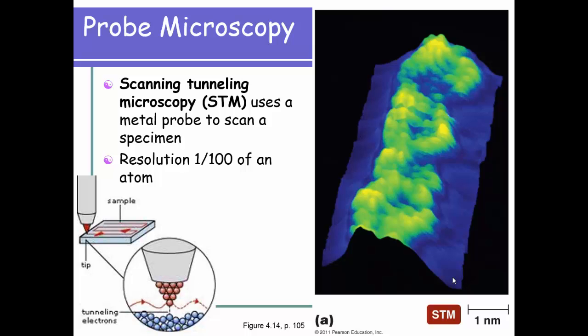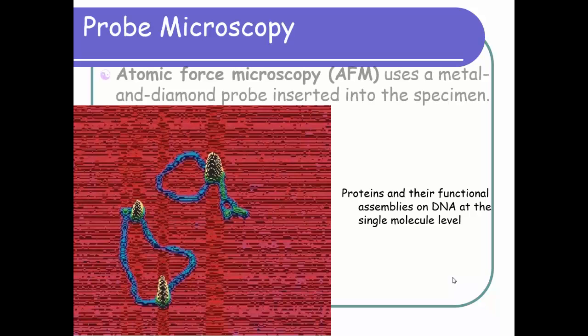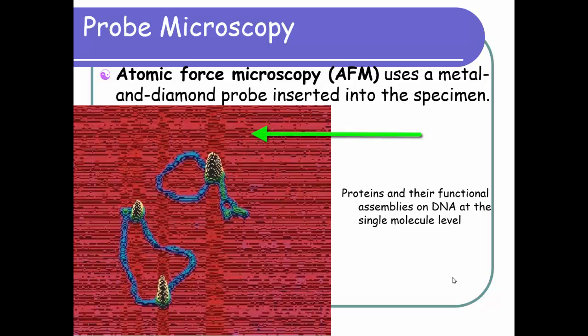Very high resolution. The atomic force microscope uses a metal and diamond probe that's actually inserted into the surface of the specimen and reads along the specimen just as the scanning does. You'll notice here are the lines that you can see with the scan. This actually shows proteins and their functional assemblies on the DNA at the single molecular level.